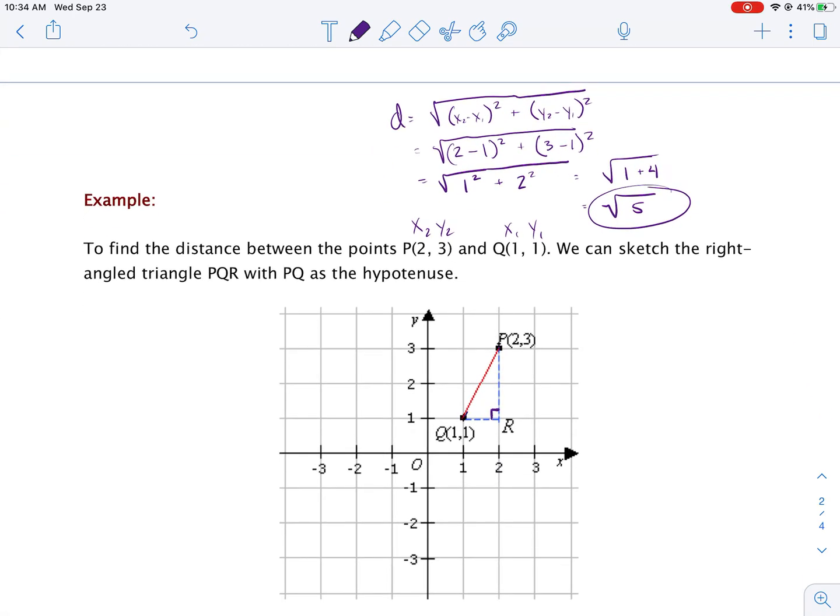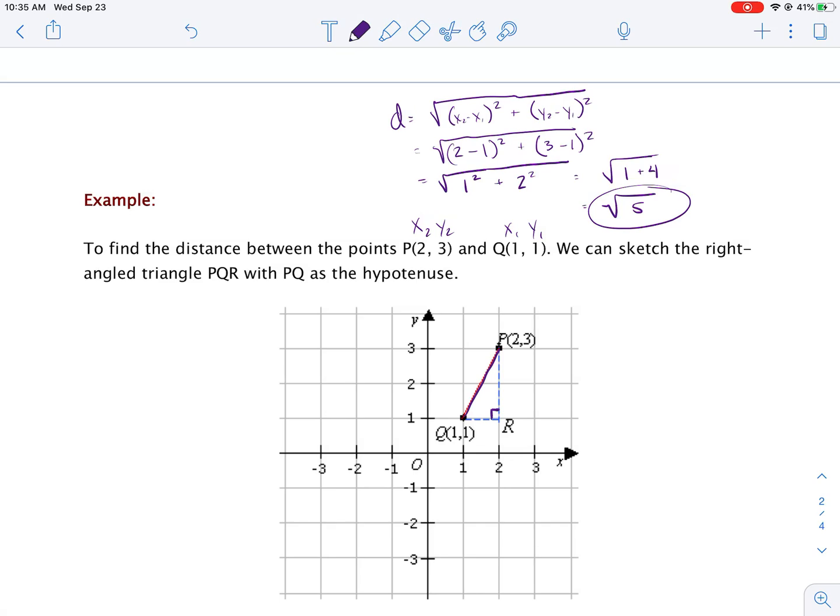Okay, so this distance is about, so it's square root of 5, so what they're saying is it's about 2.23 units long. Which sometimes it doesn't hurt to just check to make sure that makes sense.